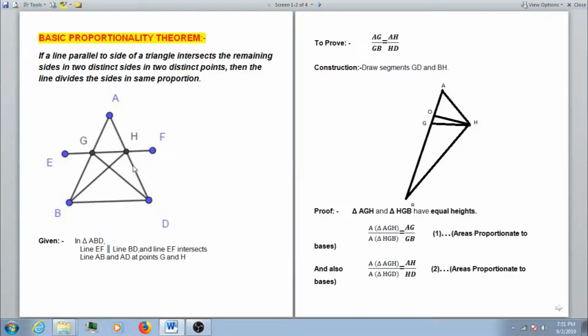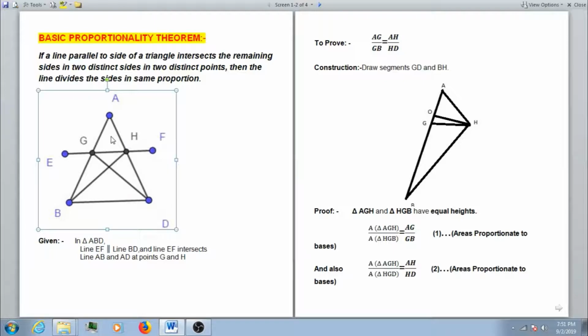Basically, we take the ratio of the areas of triangle GHB and AGH, and in the same way the ratio of the areas of triangles GHD and AGH. As simple as that. First we use these two triangles, and then the other two triangles, with triangle AGH as common.